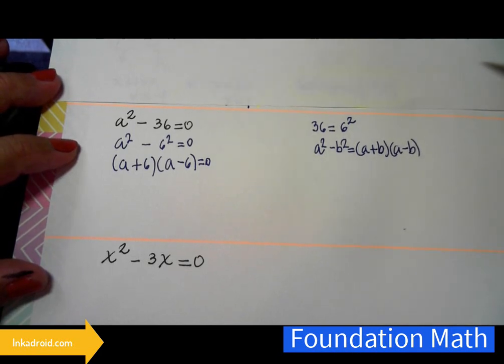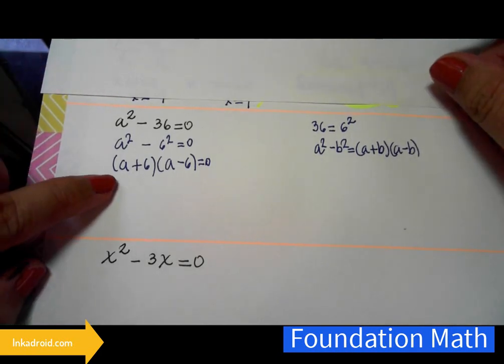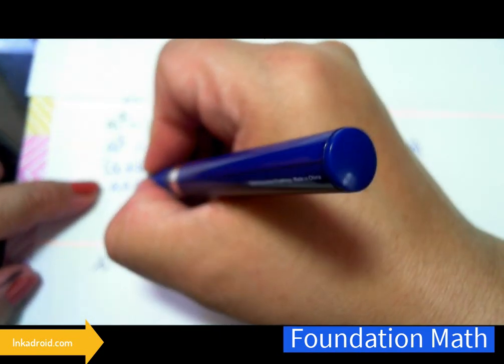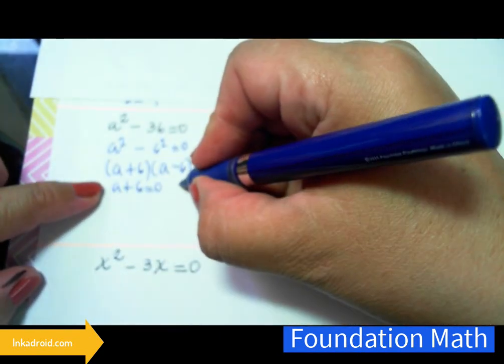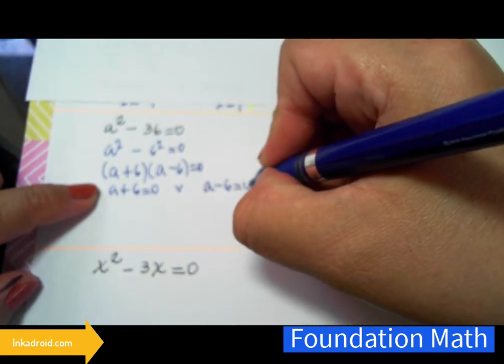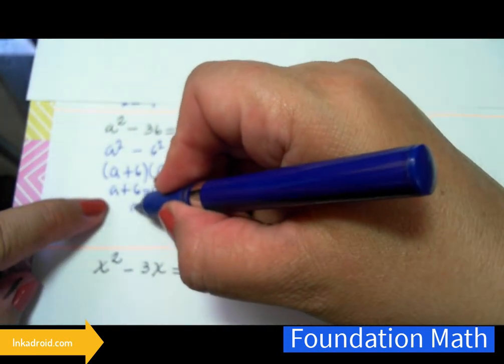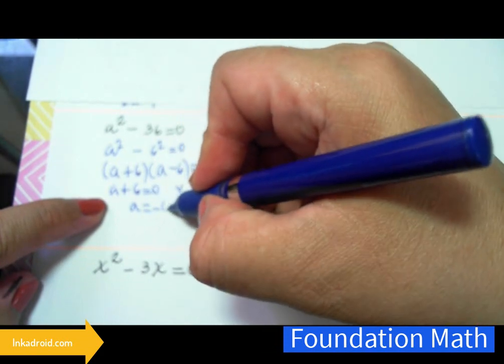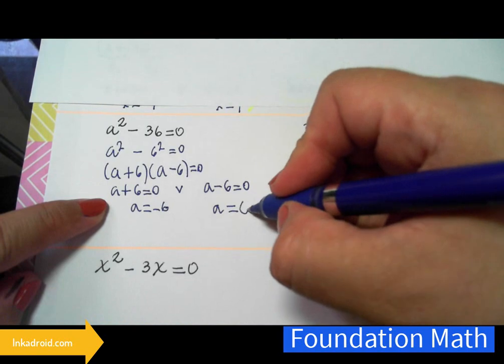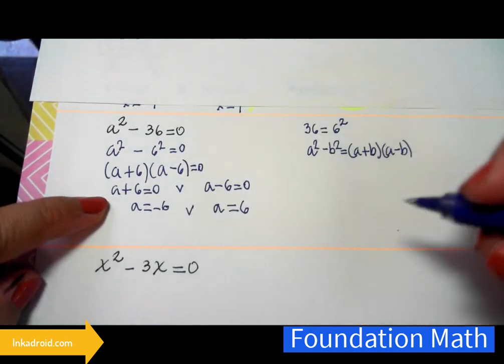So in this case, when you have equal to 0, it means that each factor should be equal to 0. Each factor: a plus 6 equal to 0, a minus 6 equal to 0. So in this case, a should be equal to negative 6, and here a should be equal to positive 6. When it's positive, you don't need to write positive.